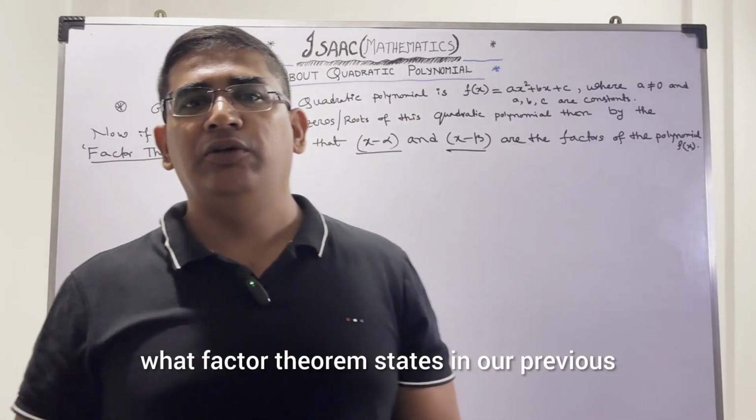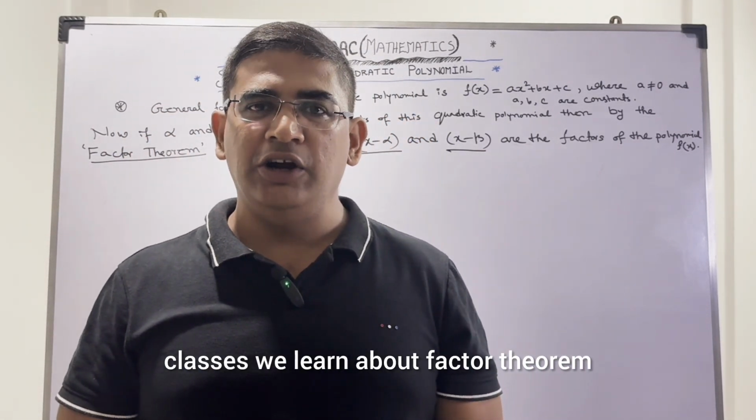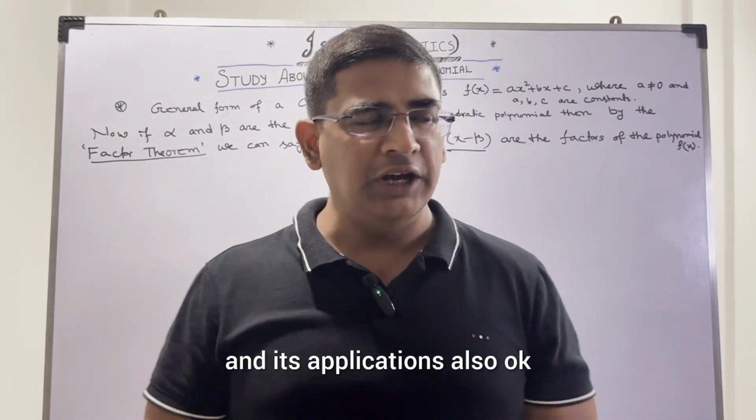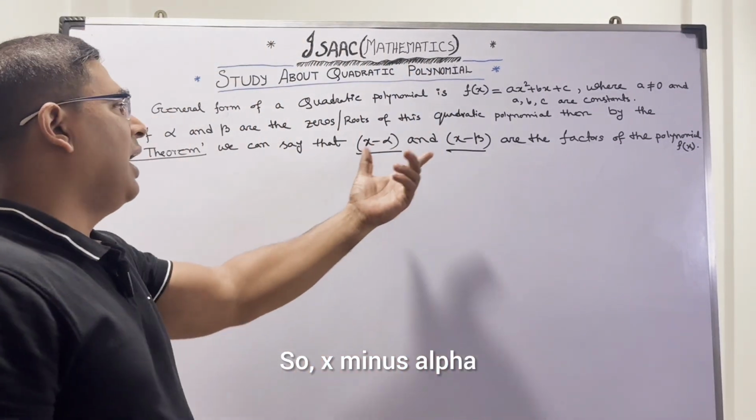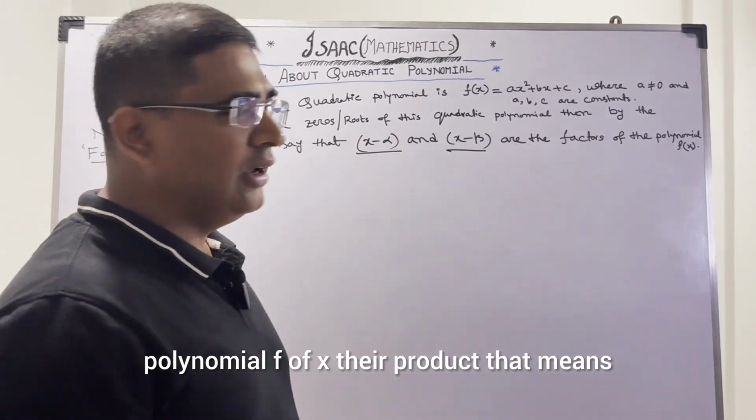Already we know what the factor theorem states. In our previous classes we learned about the factor theorem and its applications also. So x minus alpha and x minus beta will be the factors of this polynomial f of x.